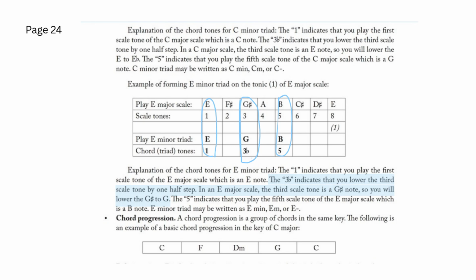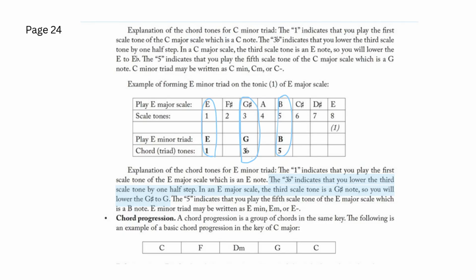Okay, so as we learned on the previous page, for a minor triad, we're going to want a 1, 3 flat, 5. So that means that we want to lower the third scale tone by 1 half step. So let's look again at the scale. E, F sharp, G sharp.